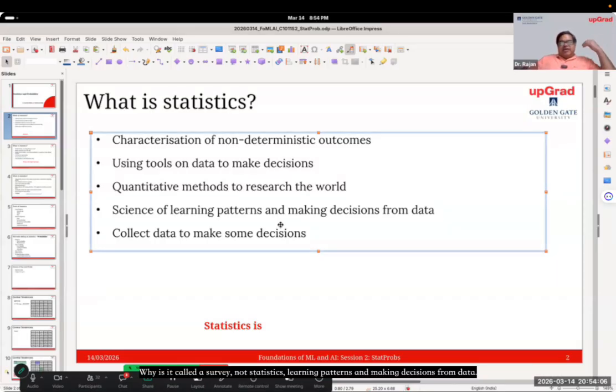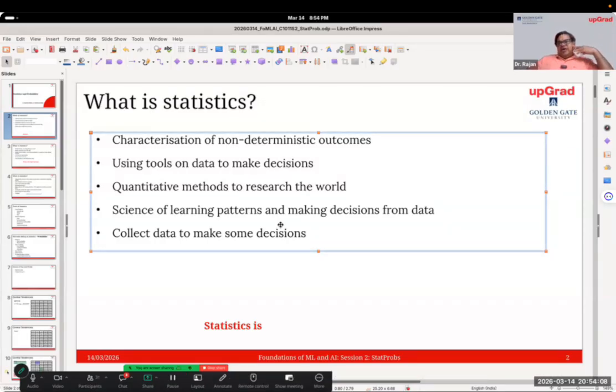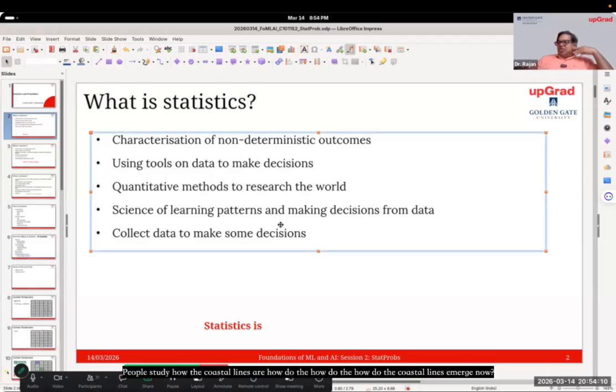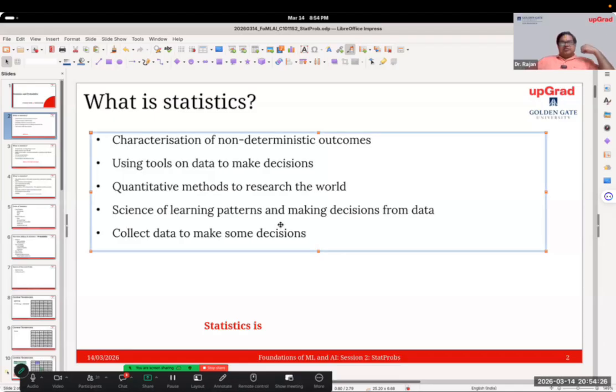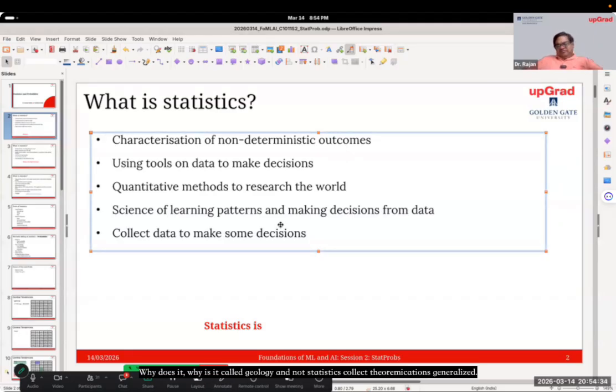Learning patterns and making decisions from data. People study how coastal lines emerge, how different terrains get formed. That's pattern. Why is it called geology and not statistics? Collect data to make decisions, generalized.